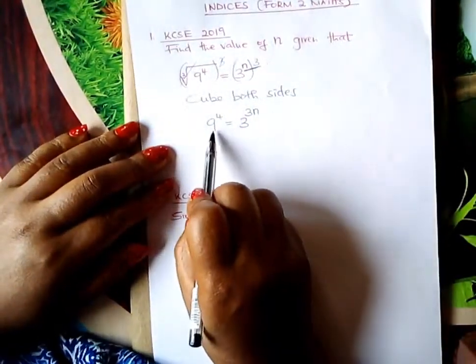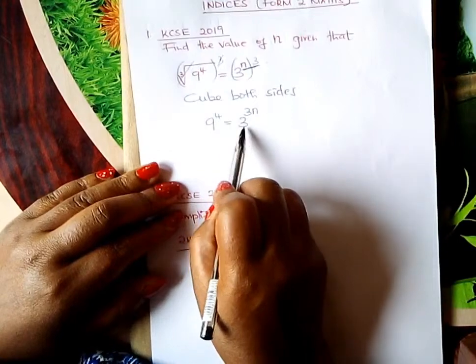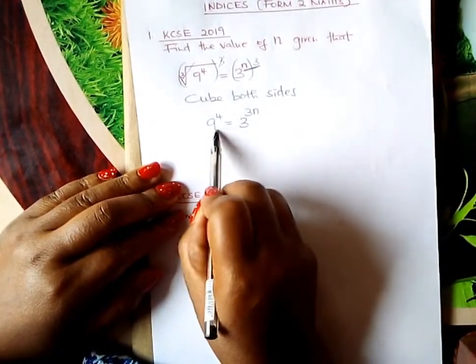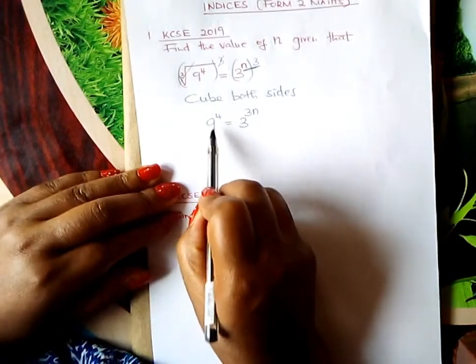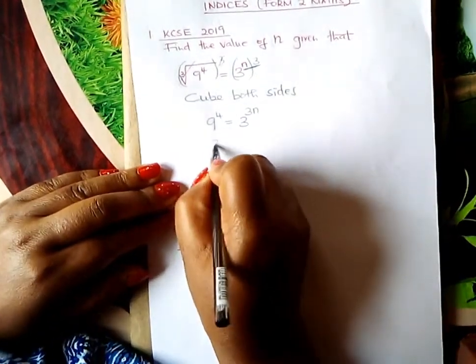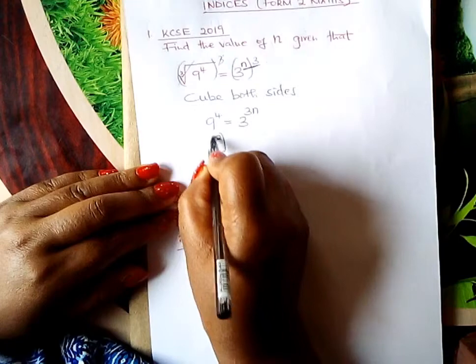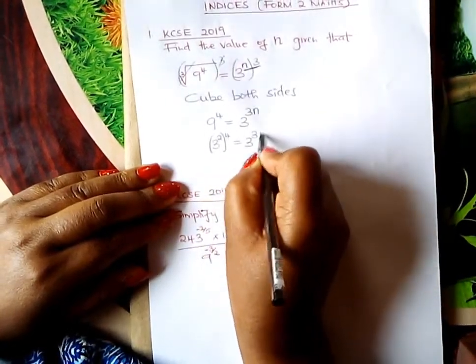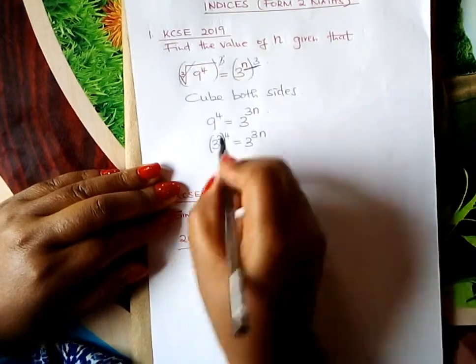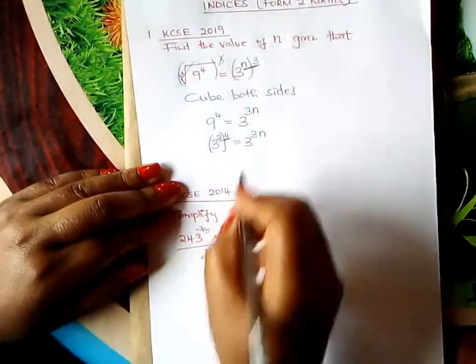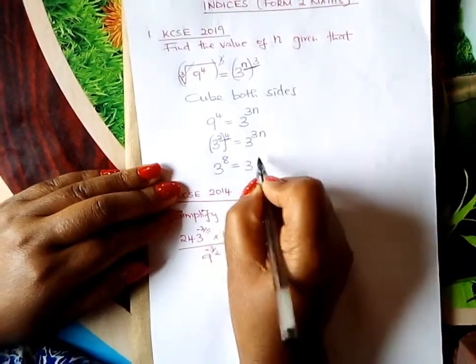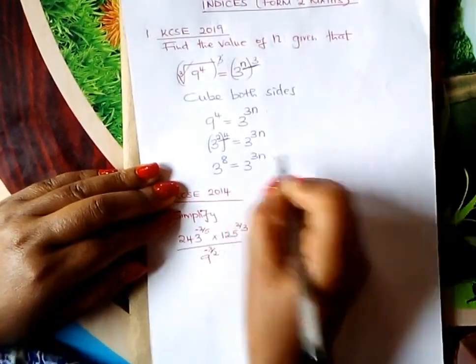From there, you have 9 raised to 4 is equal to 3 raised to 3n. Express both sides using a common base, and the common base is 3. So 9 is the same as 3 squared, raised to 4, is equal to 3 raised to 3n. You multiply the powers and get 3 raised to 8 is equal to 3 raised to 3n.